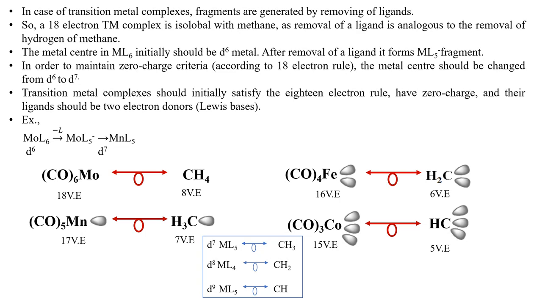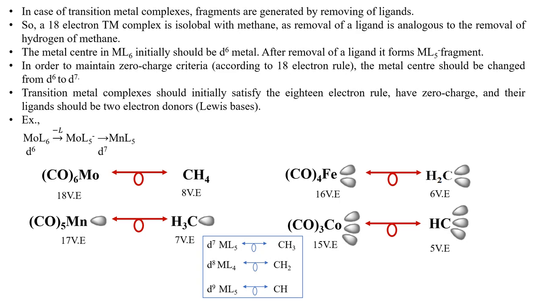You are maintaining the zero charge criteria. At the same time, in order for these transition metal complexes to be considered, they should satisfy the 18 electron rule and have zero charge, and their ligands should be 2 electron donors. Essential. That is, they are Lewis bases. Ligands are Lewis bases.